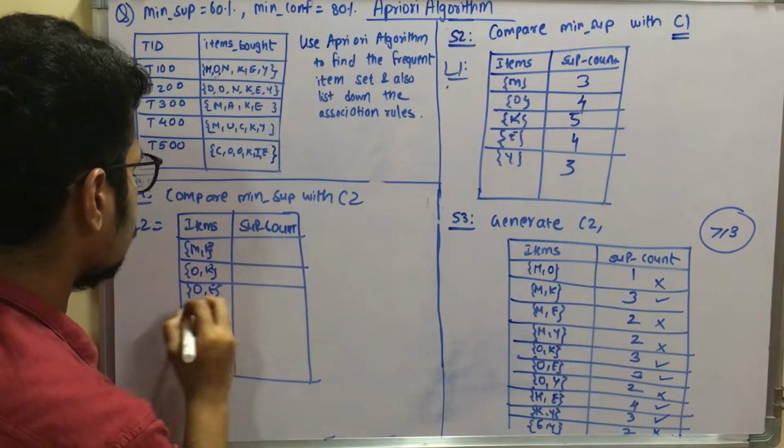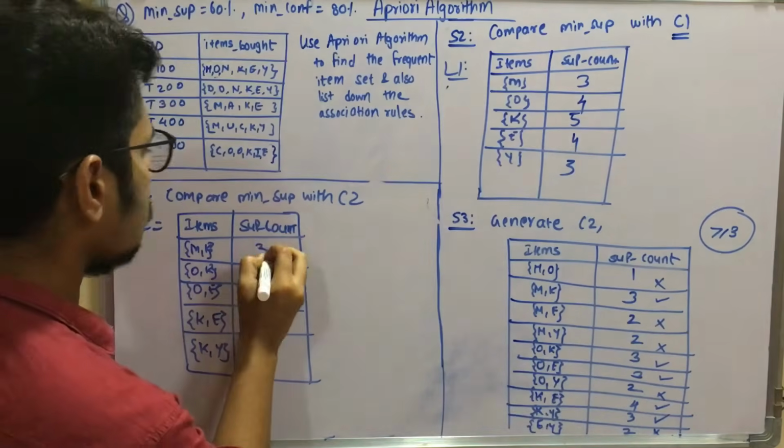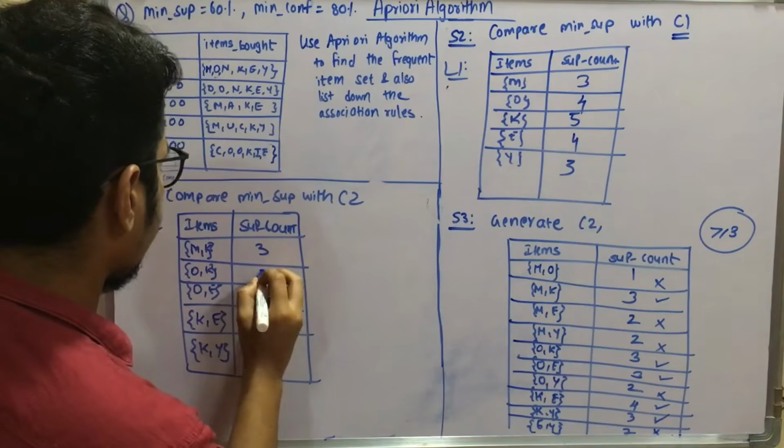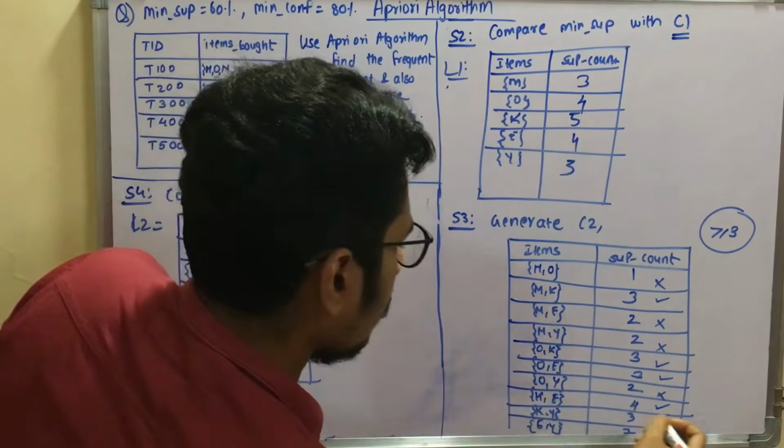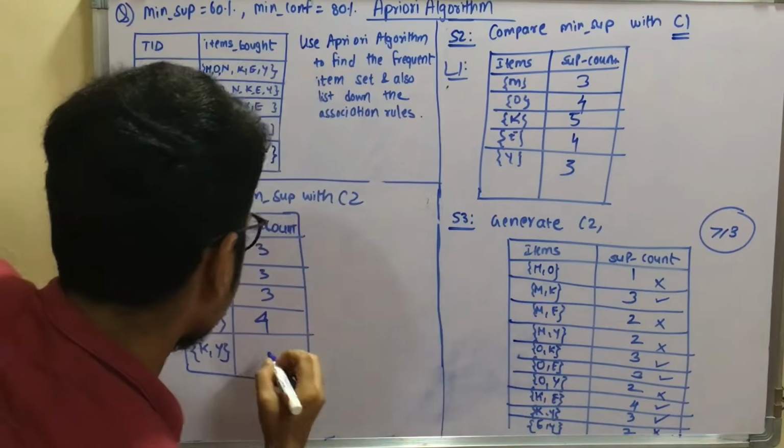So we'll be left with these all, and so we write the support count. So MK is 3, OK is 3, OE is 3, and KE is 4, and KY is also 3.